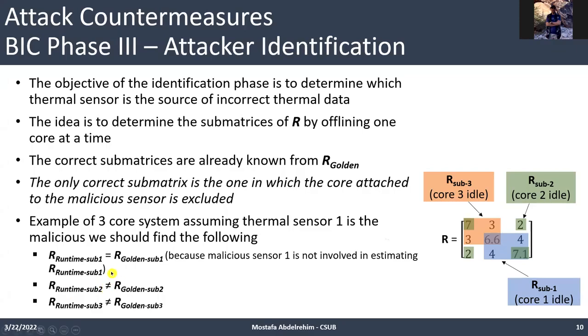For example, if thermal sensor 1 is the malicious one, since in estimating R sub 1 we exclude core 1 and its malicious sensor, then we expect that R runtime sub 1 will be equal to R golden sub 1, while R runtime sub 2 and R golden sub 2 are not equal to each other, and the same for sub 3. And that way we can know the attacker.